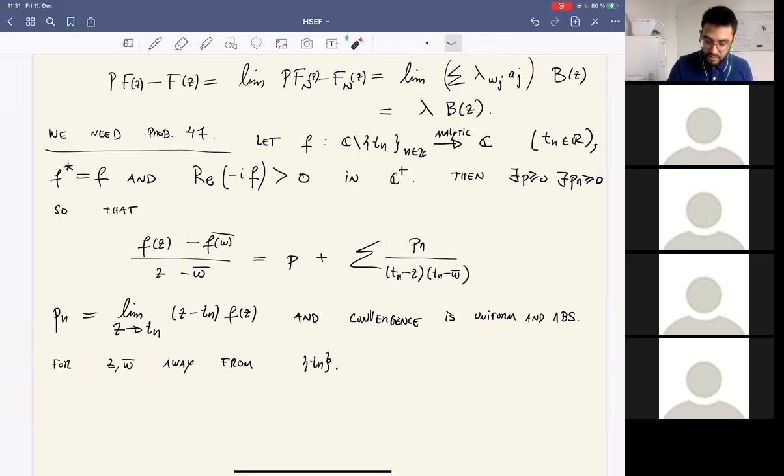That means if I put the moduli inside the sum, and I take the supremum of the tail of the sum in a set which has a positive distance from the points t_n, then this thing will converge. Okay? And we will have this formula.